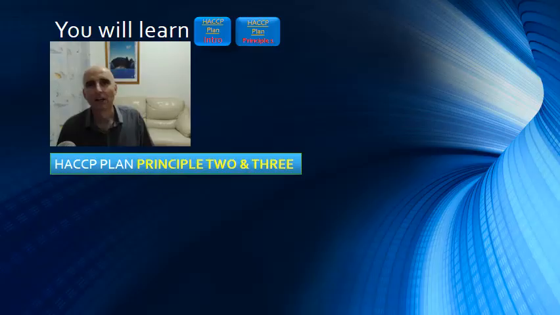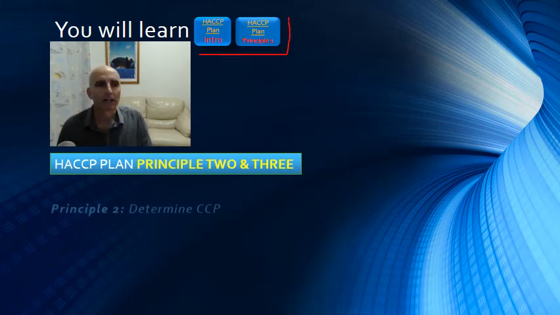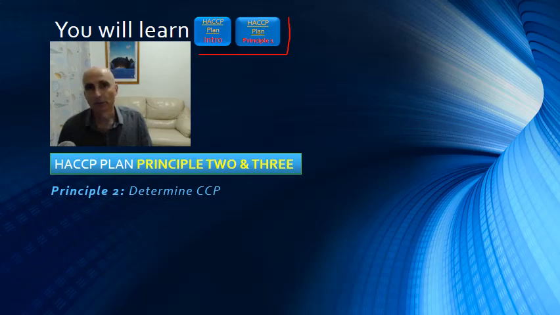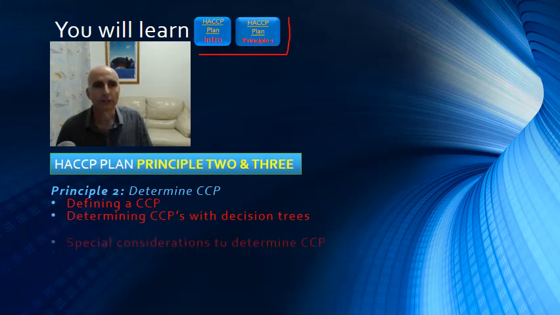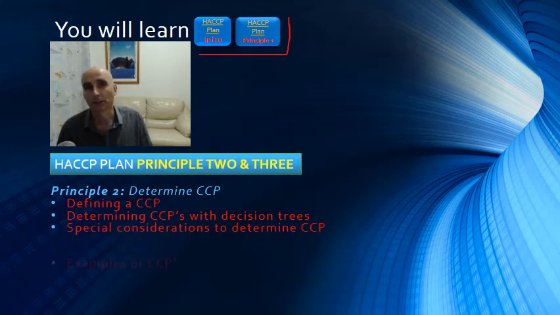Let's go. As I said before, if you haven't seen the HACCP plan intro or principle 1, you'll notice they are both up here for you to have a look at. Today, in principle 2, determine critical control points, we're going to define what a critical control point is, determining critical control points with decision trees, some of those considerations, and examples of good CCPs.